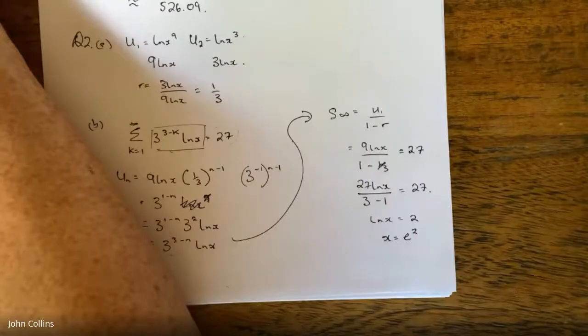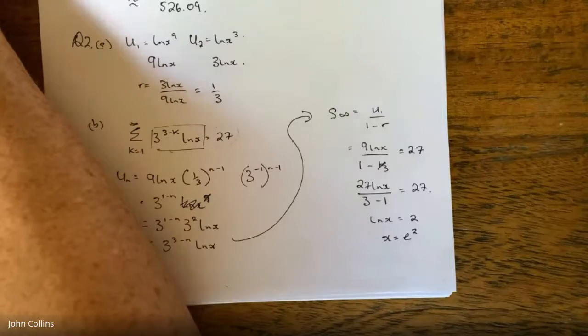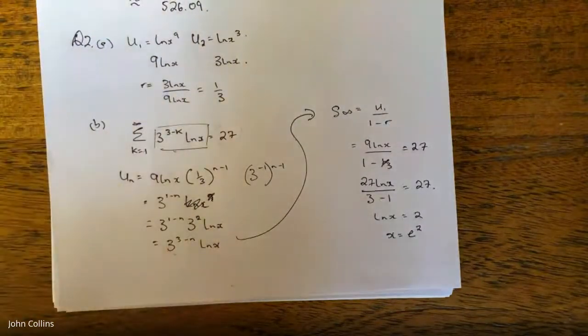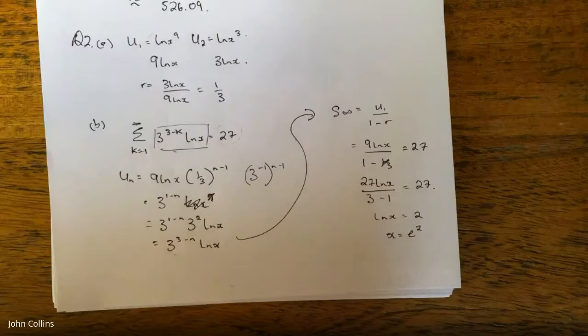Let me just check the formula. Yeah, so it should give the same answer then, because it's the absolute value of r, wouldn't it? The absolute value of r is less than 1, so that would mean that the bottom has to be negative, right?